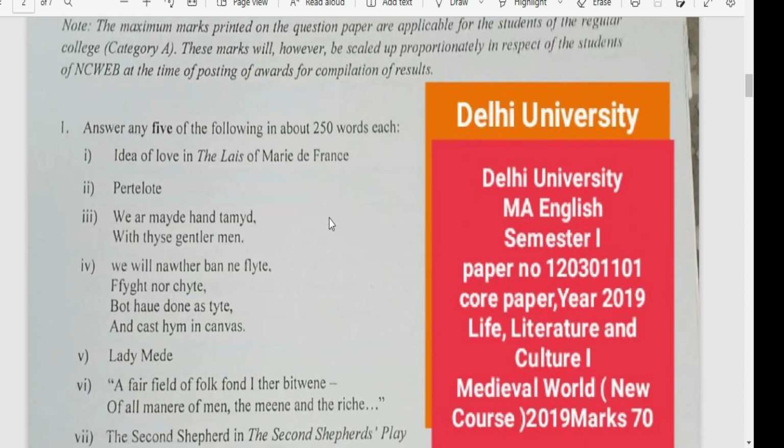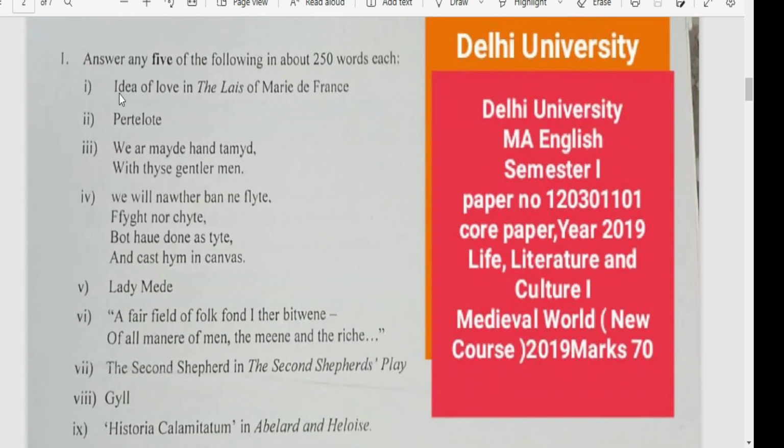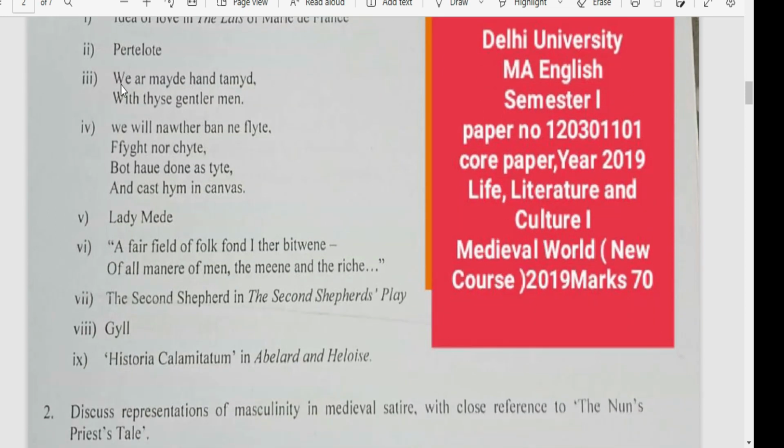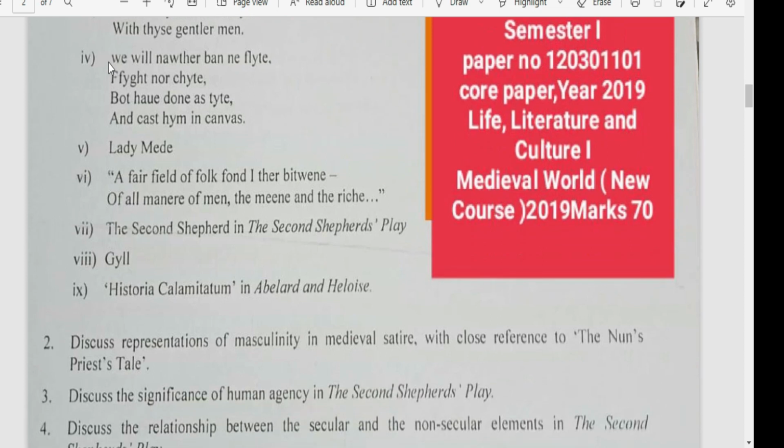This is of the new course, and again question number 1 is there, 250 words each, and again you find that 9 questions are there, and you have to do only 5 out of these. I read: the idea of love in the Lais of Marie de France, Bisclavret.